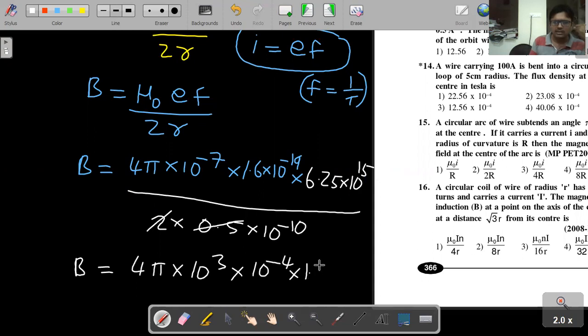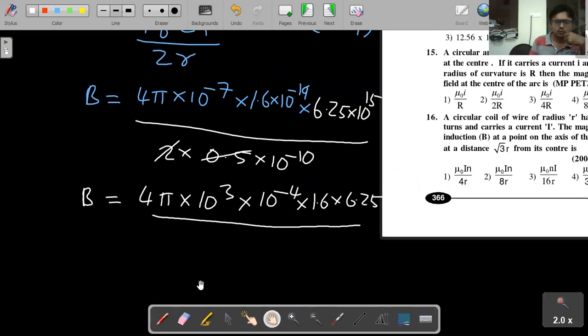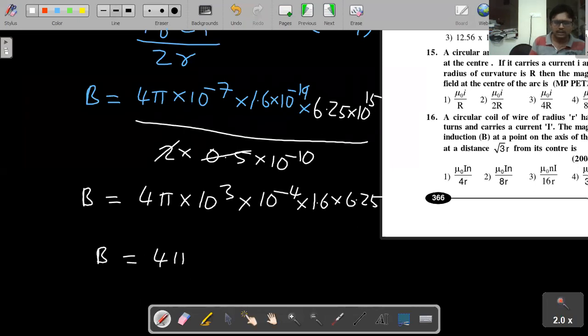And 1.6 into 6.25 I am writing here by, into 10. The denominator is clear, so no need of changing anything there. So what will I get? 4 pi into 10 power 3 into 10 power minus 4, 10 power minus 1, into 1.6 into 6.25.